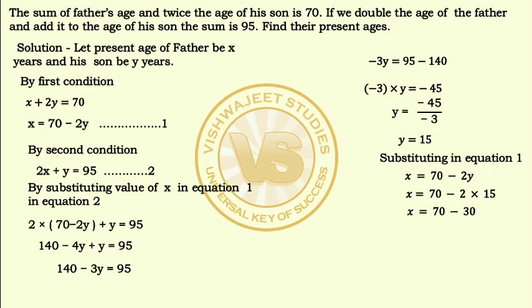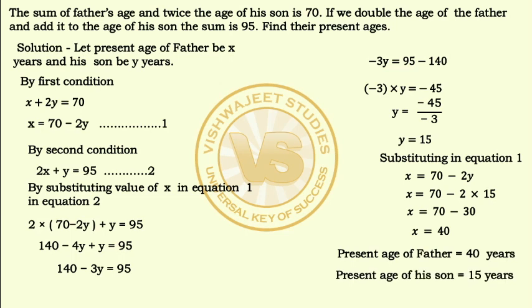First do multiplication: 15 into 2 is 30. So x = 70 - 30. After subtraction, we get the value of x = 40. Thus, we get the present age of the father is 40 years and the present age of his son is 15 years.